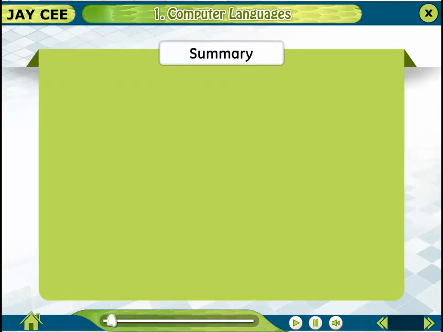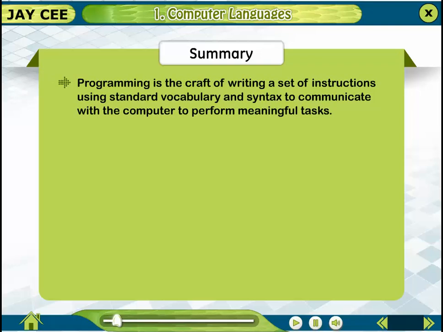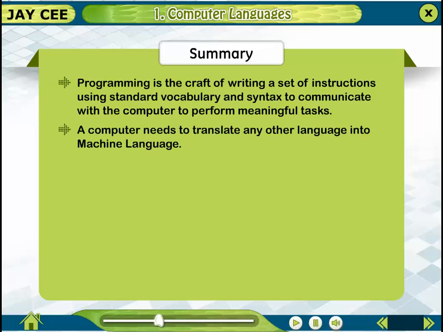Summary. Programming is the craft of writing a set of instructions using standard vocabulary and syntax to communicate with the computer to perform meaningful tasks. A computer needs to translate any other language into machine language.